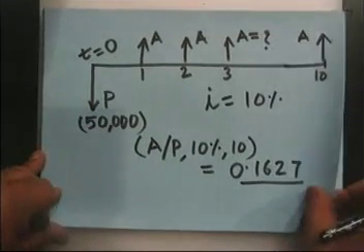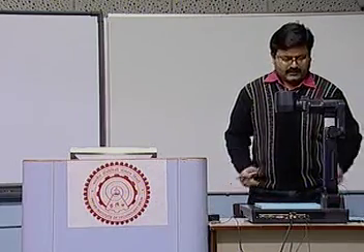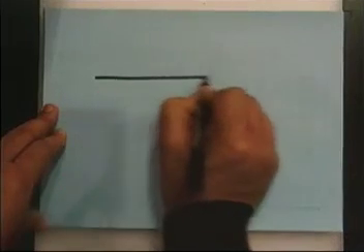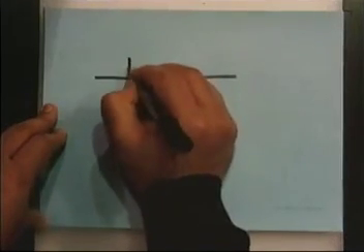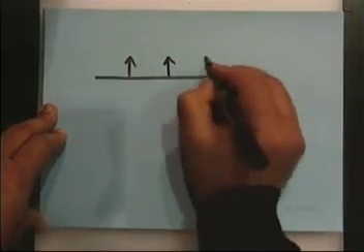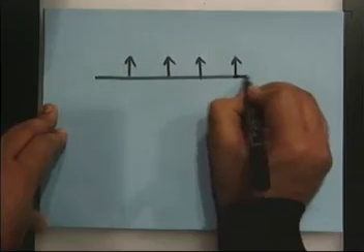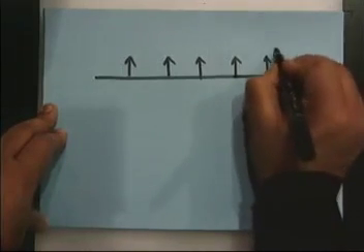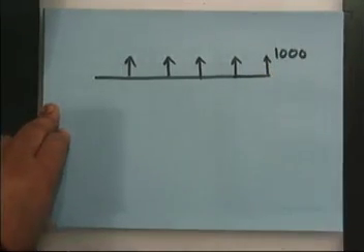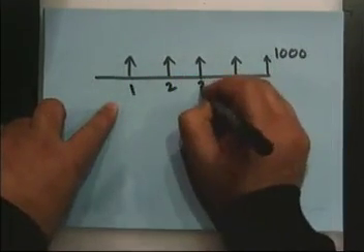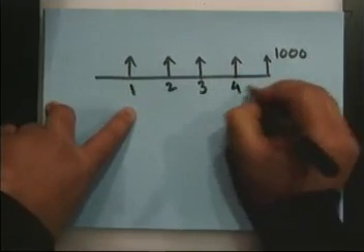Now, I will also illustrate you how to use geometric gradient factor. In this case, let us say rupees 1000 is received by me every year for the next 5 years, year 1, 2, 3, 4 and 5.